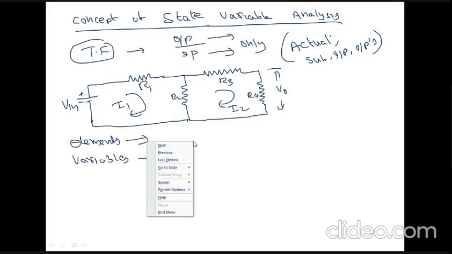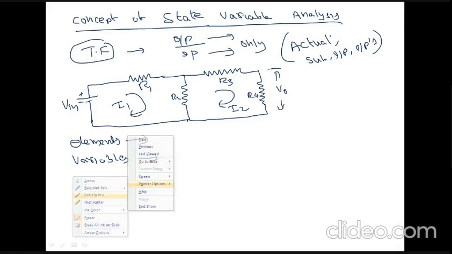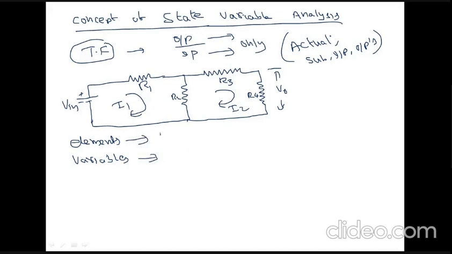If you observe this particular circuit, the physical elements are R1, R2, R3 and R4.